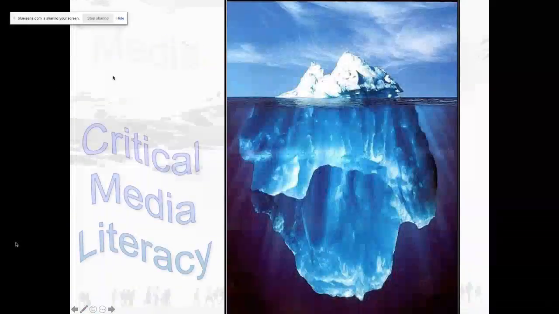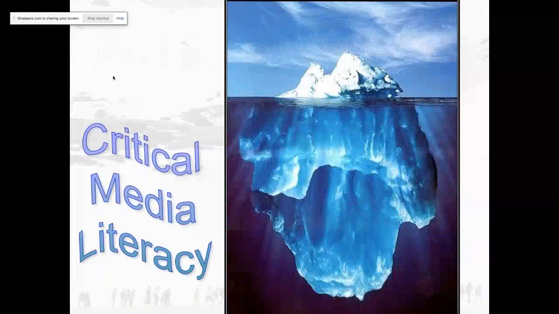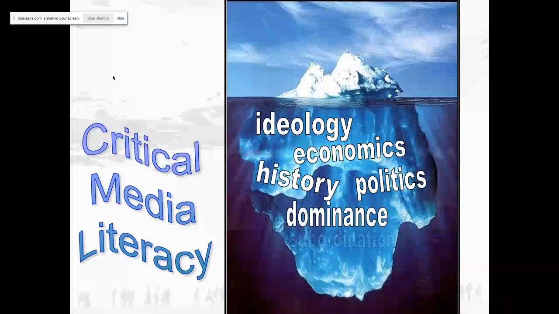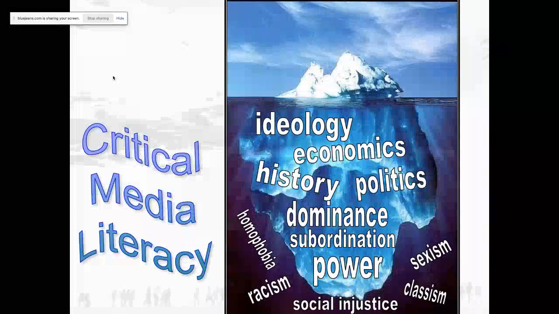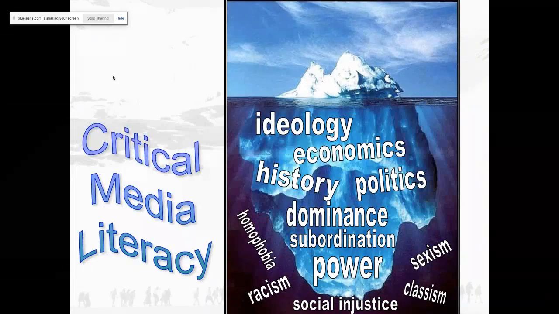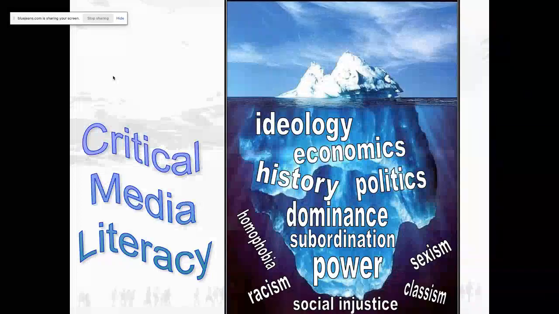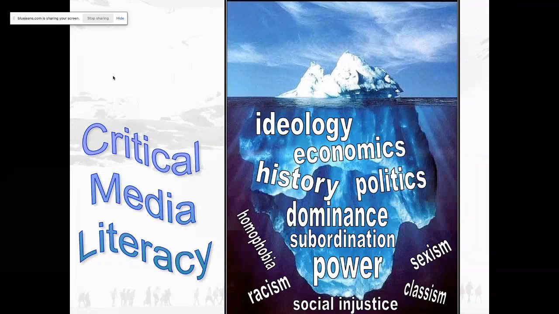And so what critical media literacy tries to do is bring in new questions to the process and ask about ideology, economics, history, politics, and especially about power, about who's benefiting, who's being hurt. And he argues this is so important because we live in a world with a lot of problems. And if we're not questioning the way our world is being represented to us, then these problems are just going to be reproduced.